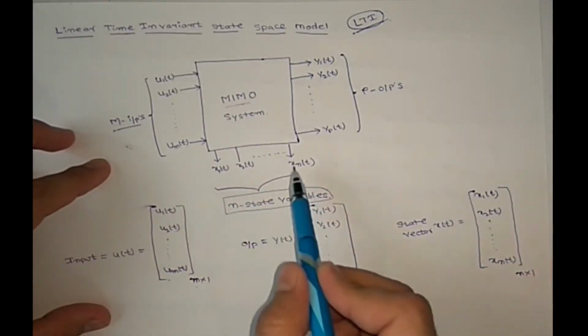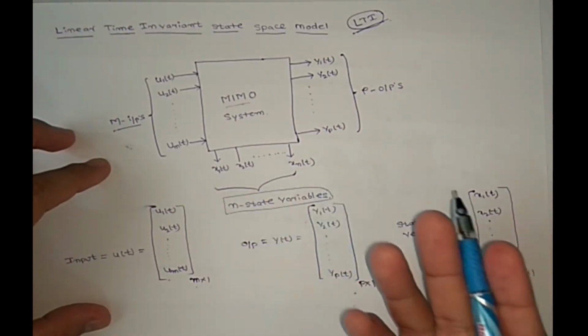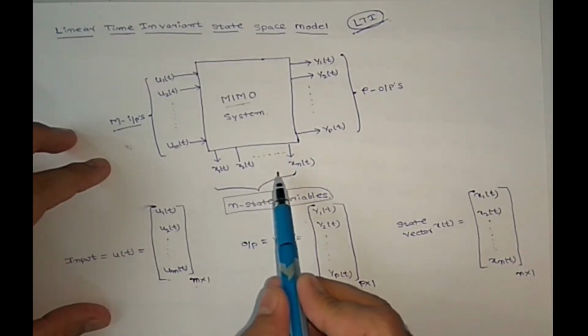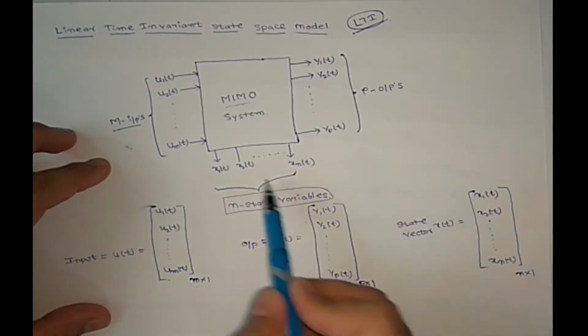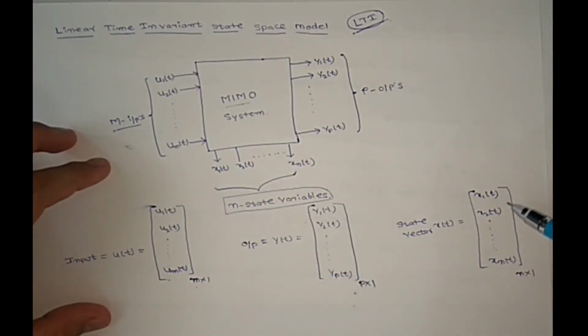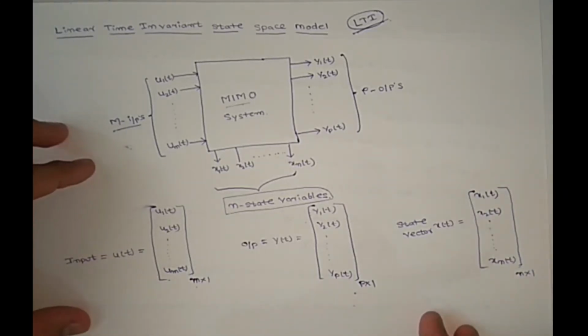State variables can also be any number. We have n state variables: x1 of t, x2 of t, and so on up to xn of t. This is n cross 1, n rows and 1 column. All these we need to keep in matrix form.